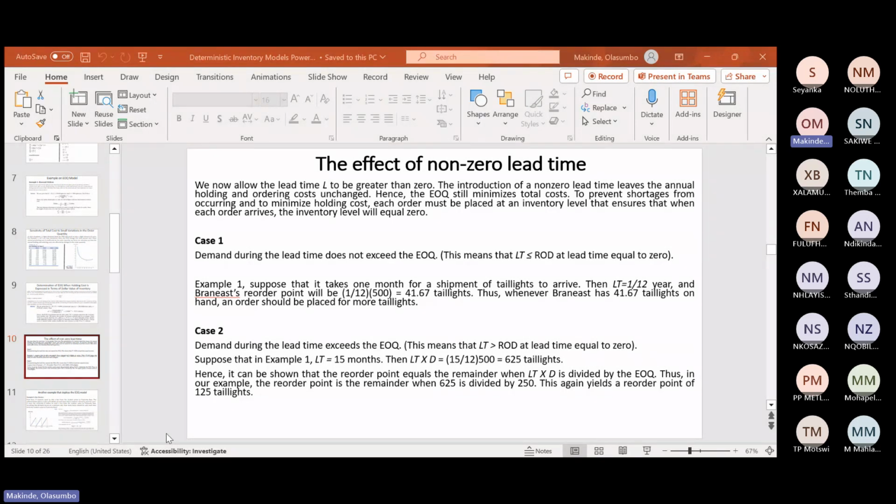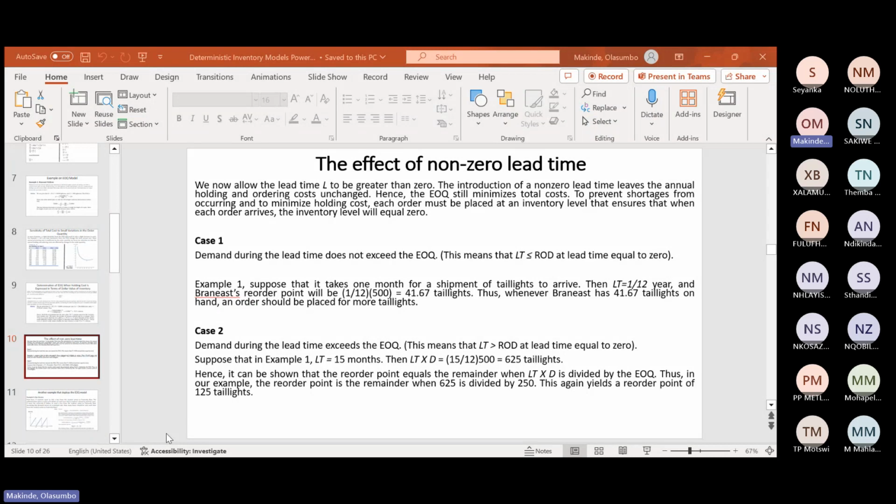When the lead time is not 0, but the other assumptions of the EOQ are achieved, you still use your EOQ formula to determine the economic order quantity, that is still fine. The number of orders will also still be correct.